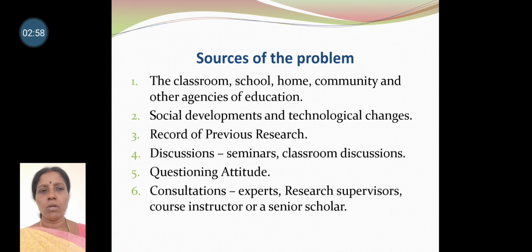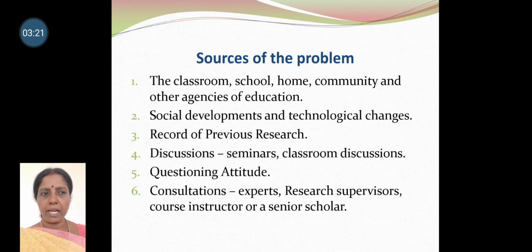As we all know, during this pandemic period, we shifted our education from offline to online mode. At that time, we were in need of technological development, and we faced so many problems. So here you have to concentrate on sociological changes and technological changes.